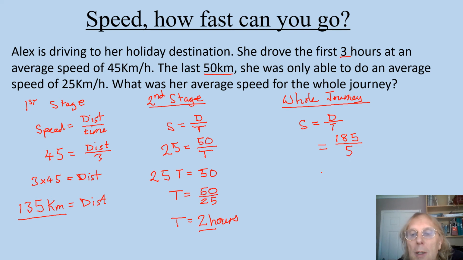So the speed is basically 185 divided by 5, and if you type that into your calculator, or you can work it out if you want, 37 kilometers per hour.